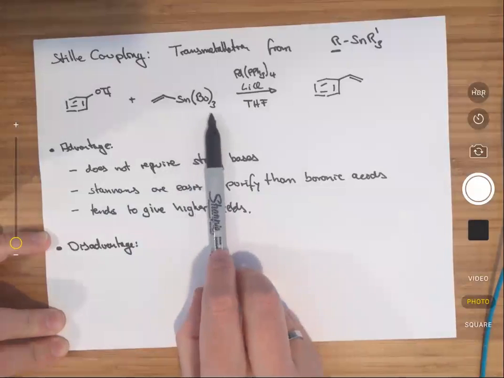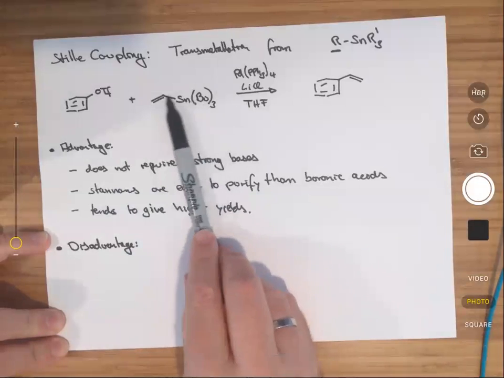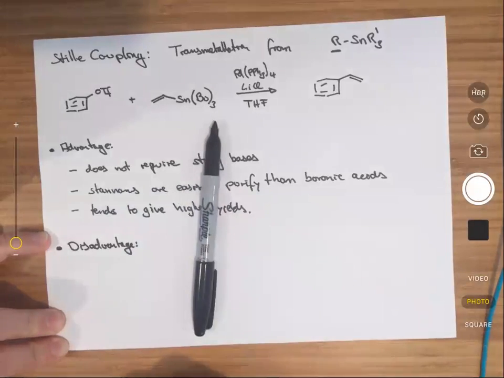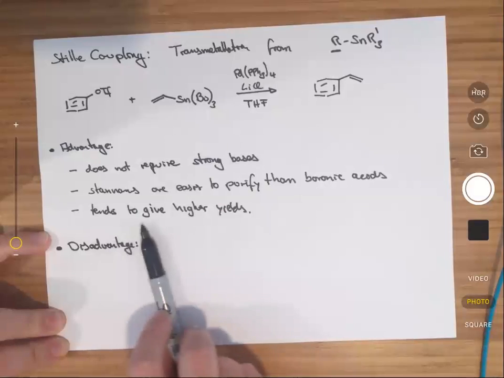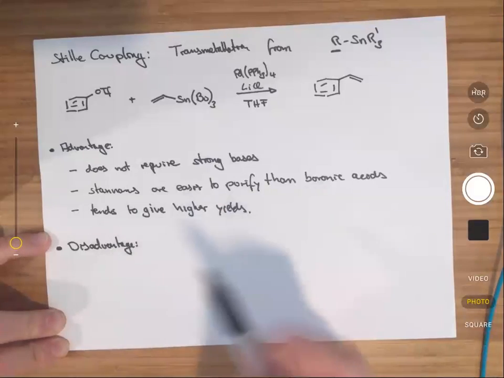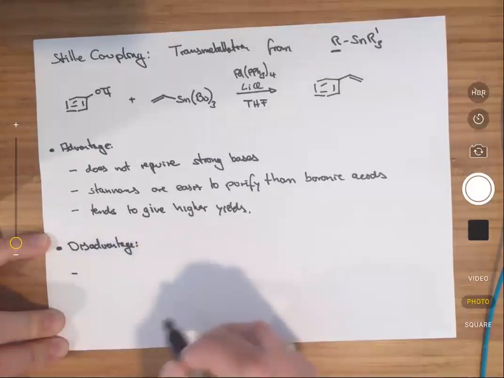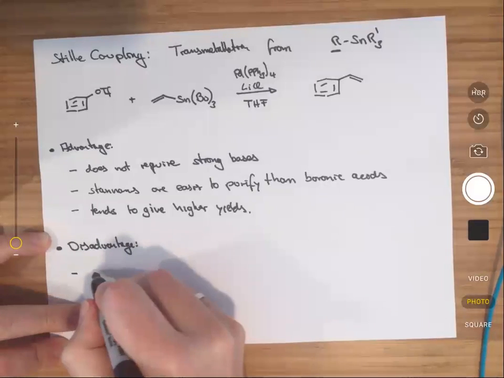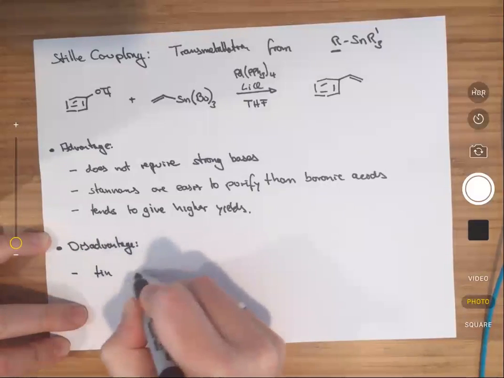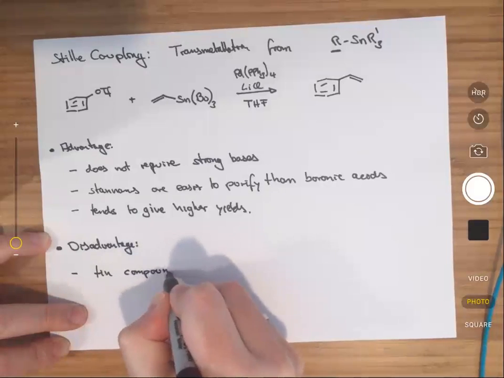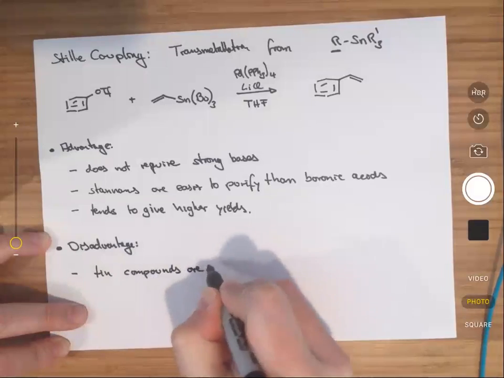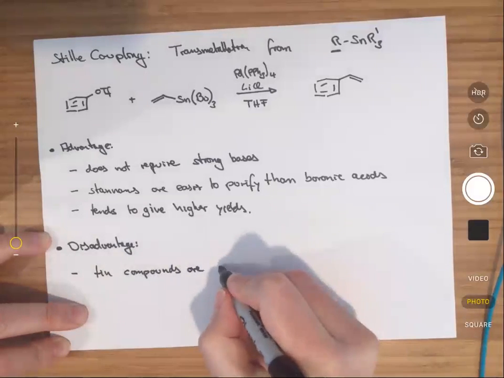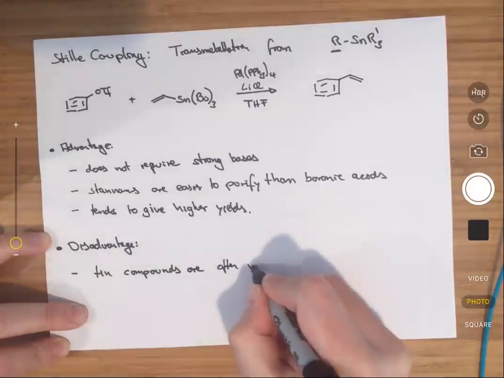So stannanes are usually used in the lab as the very last resort if all the other coupling reactions have failed or have not given any workable yield. It's definitely not our first choice because of the toxicity. The tin compounds are often very toxic.